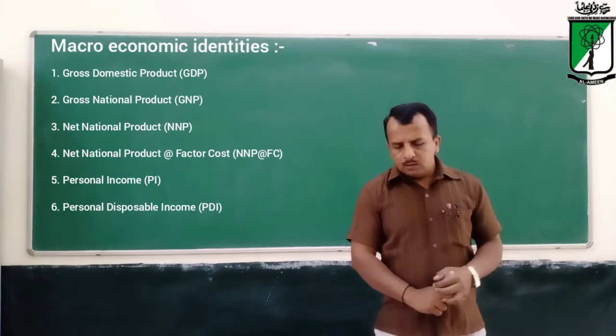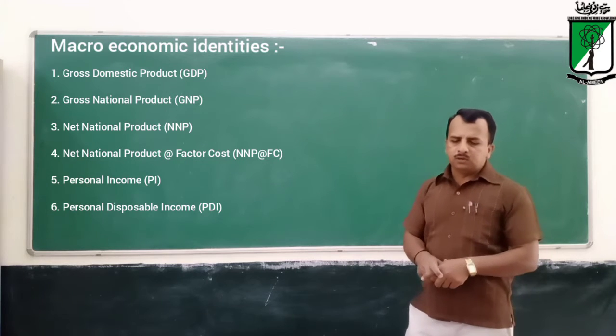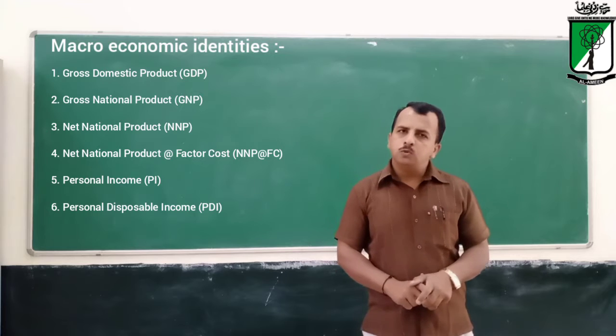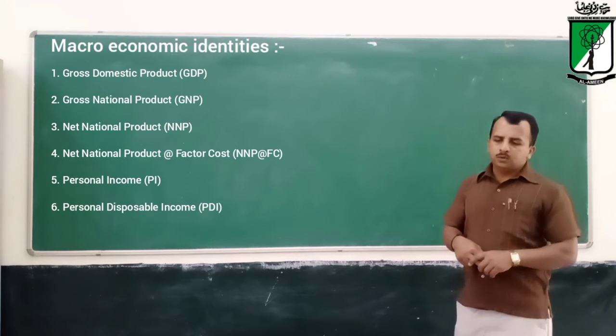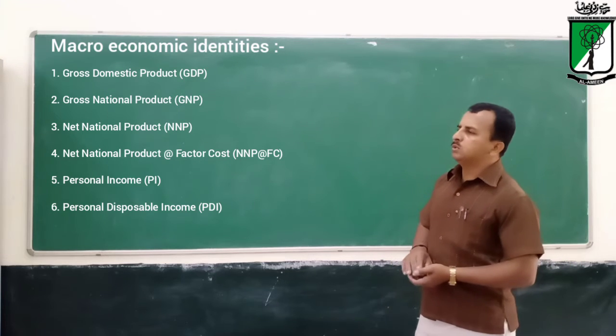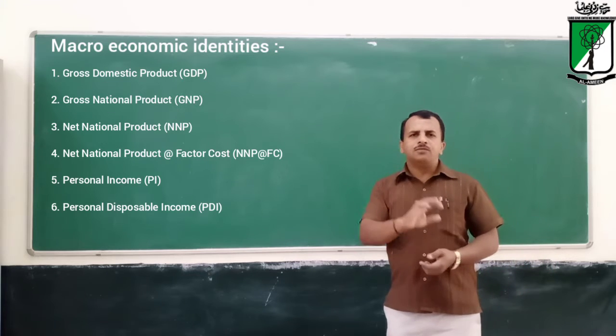Then the next important thing is personal income. Personal income talks about the overall income received by all households together. If you want to derive your personal income, I will give the example of a firm.